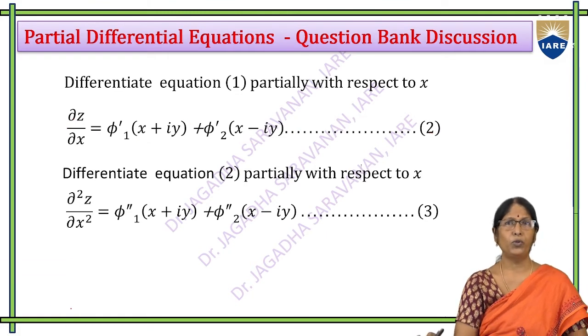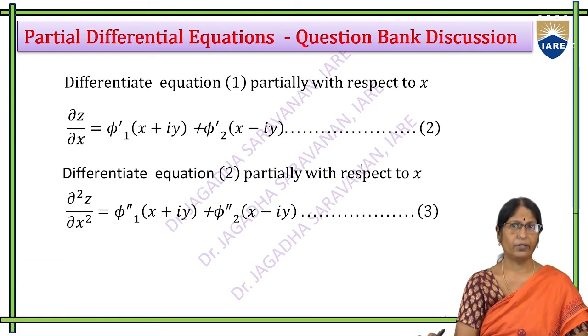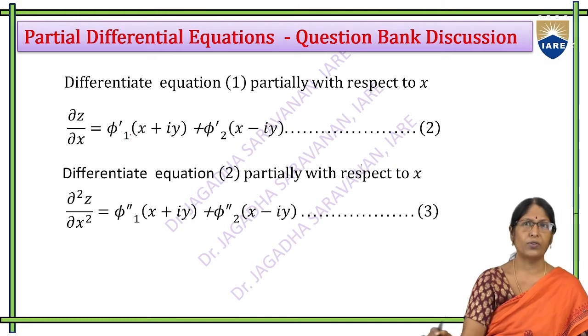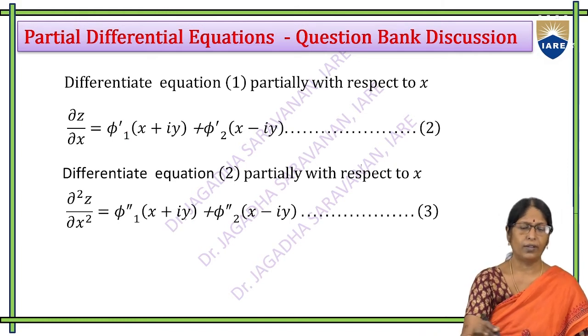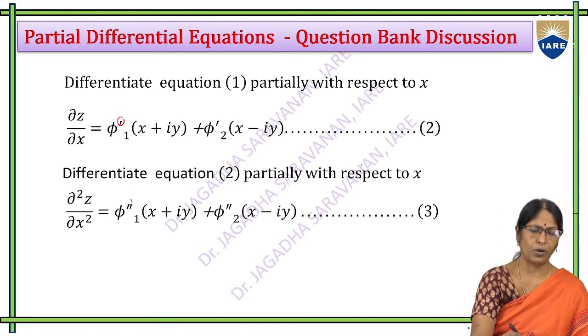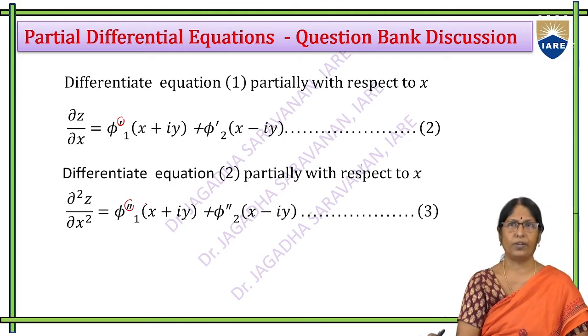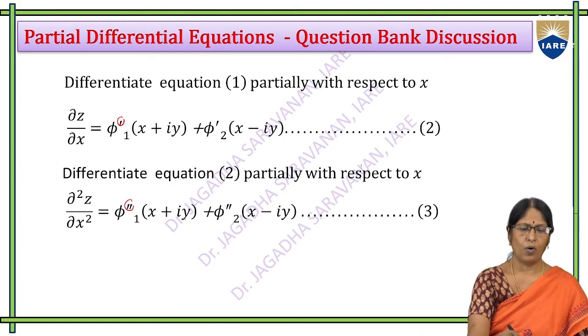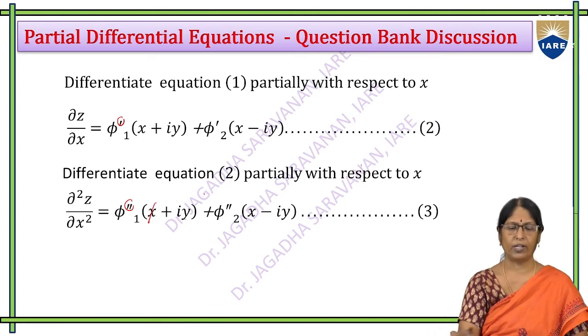So phi1 dash is there, the first derivative. Here we can write phi1 double dash of x plus iy, again the x differentiation is 1, which is not written.